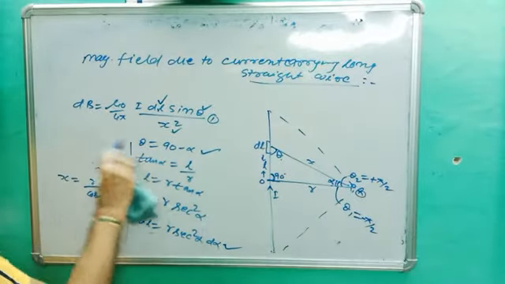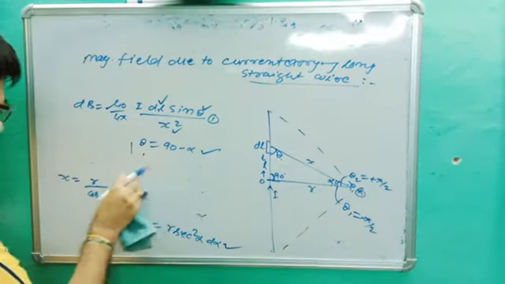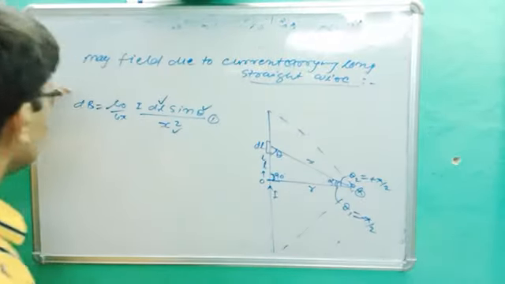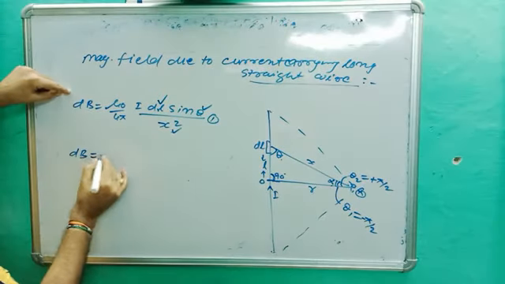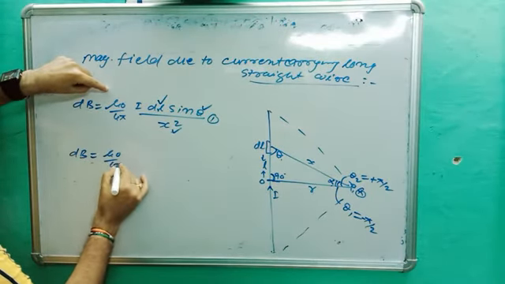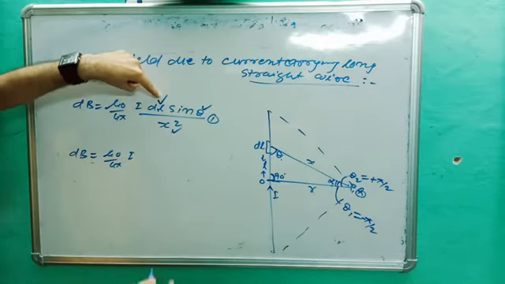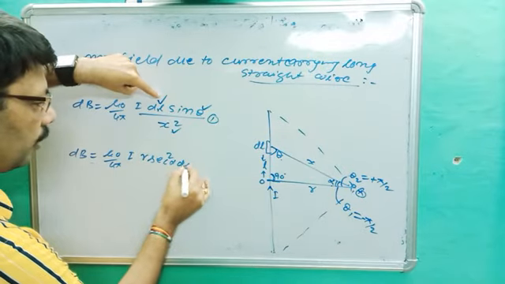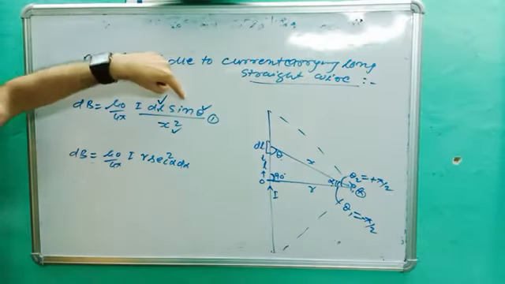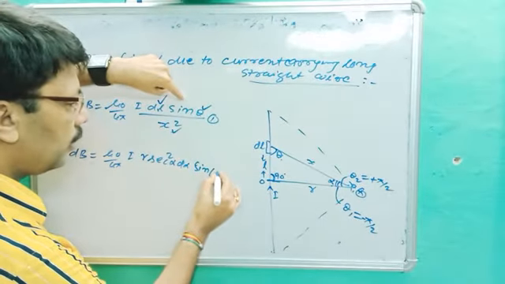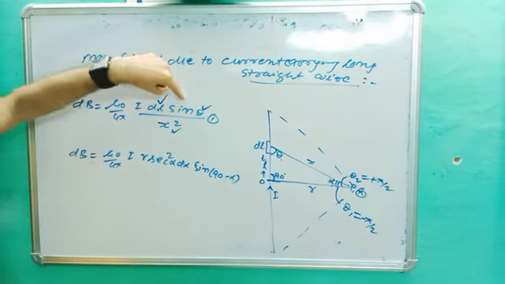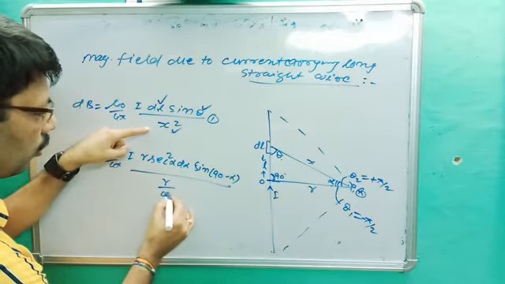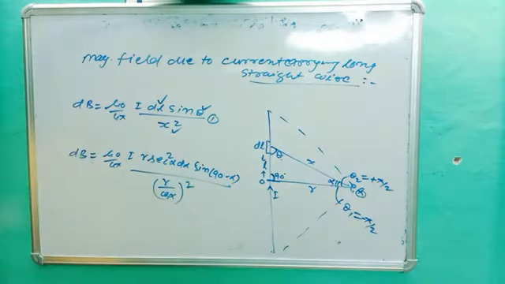Now we will put all these values in the first equation and try to get the complete answer. Keep in mind all values. dV is equal to mu naught upon 4 pi I, dl is R sec square alpha d alpha, into sine of theta, which is 90 minus alpha, divided by x squared, R upon cos alpha whole square.